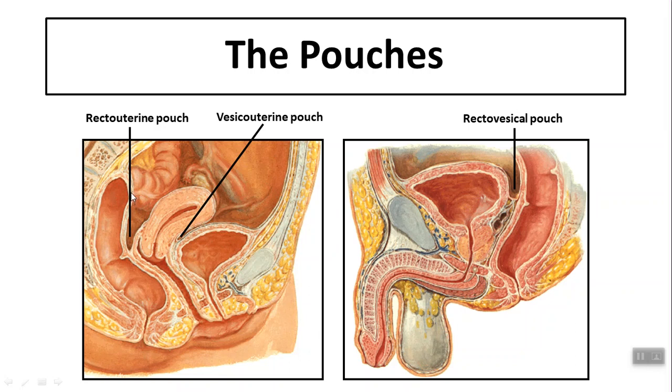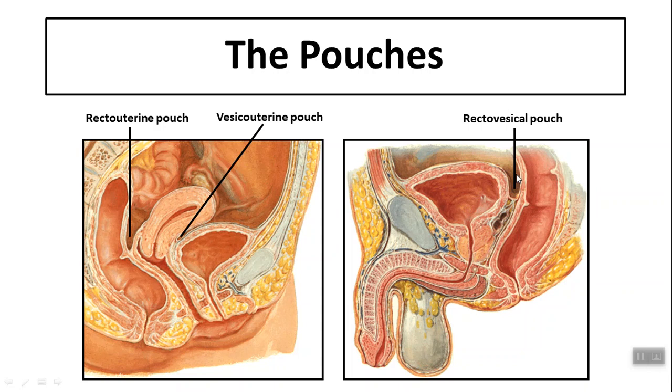Here the peritoneum covering the rectum is reflected on the posterior surface of the uterus, forming the rectouterine pouch in between the rectum and the uterus. Anterior to the uterus, the peritoneum is reflected on the superior surface of the urinary bladder. This is called the vesicouterine pouch.